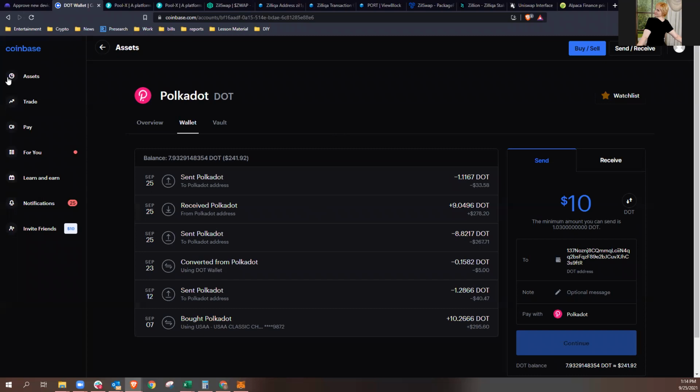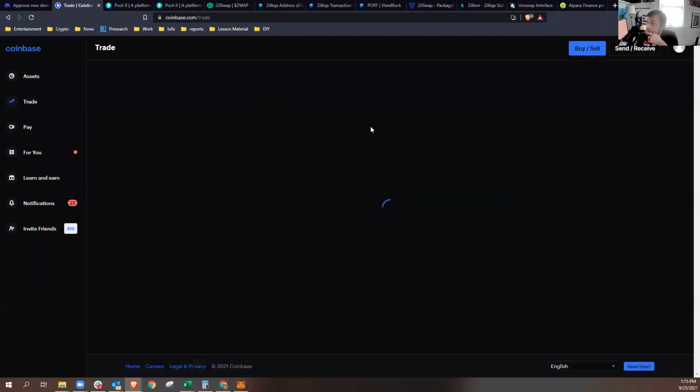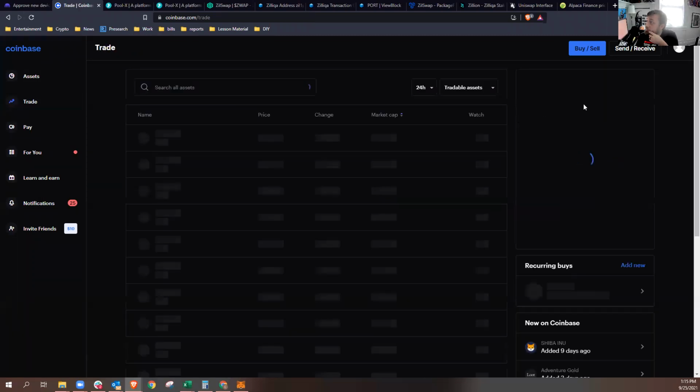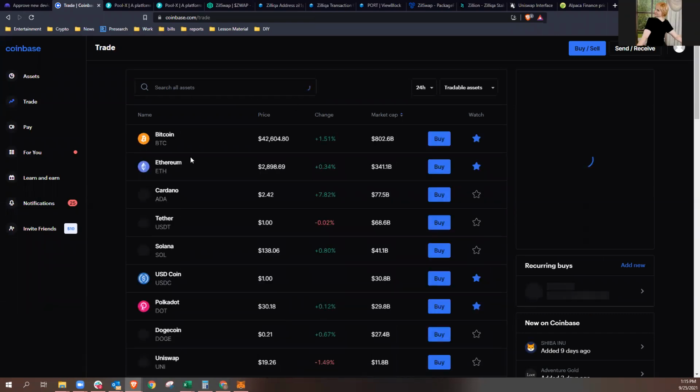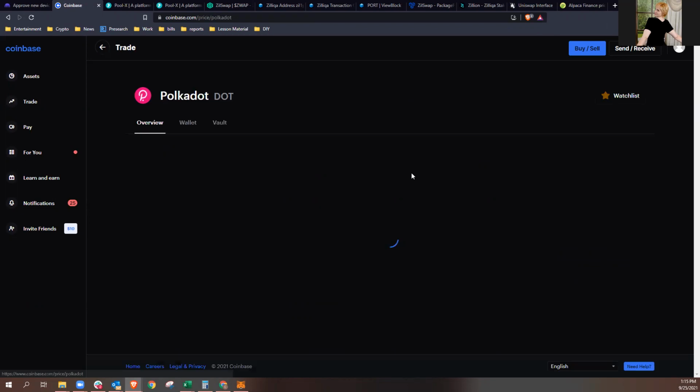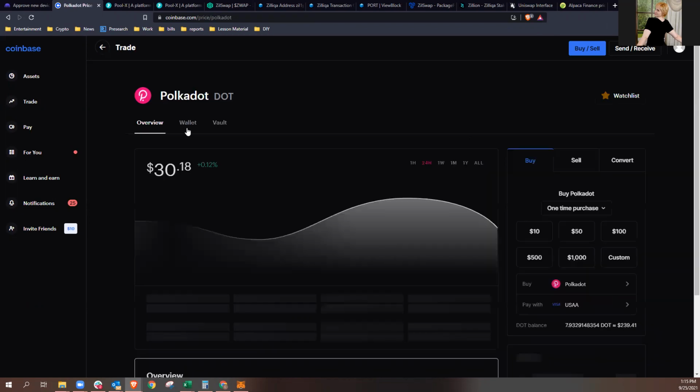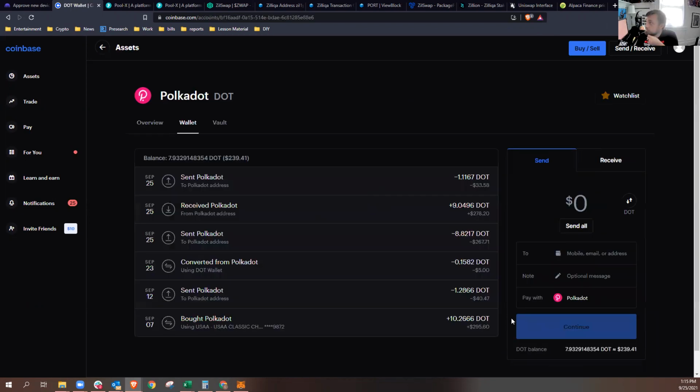Now, let's say I wanted to trade Polkadot for $1 US dollar coin. Once it loads up here, I'm going to click wallet, or buy, sell.